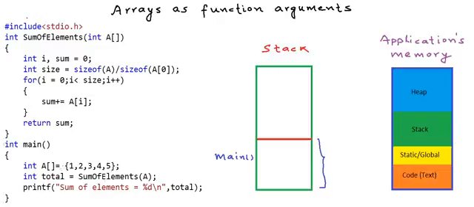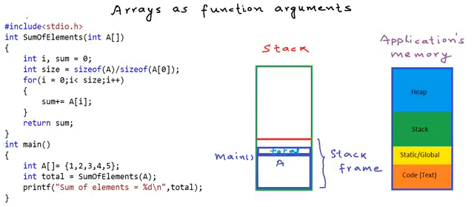One is the array A and another local variable is integer total. So around 20 bytes, if integer is 4 bytes, exactly 20 bytes in fact would be allocated from this stack frame for the local variable A, the array A, and 4 bytes for total, the variable total.